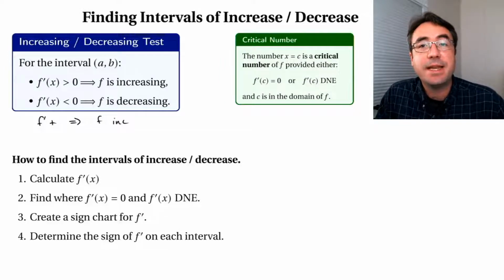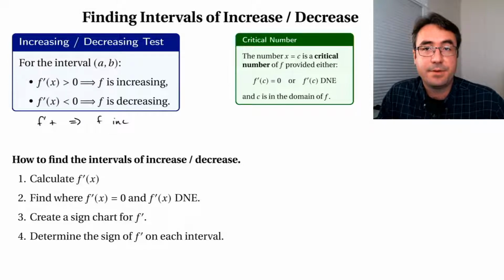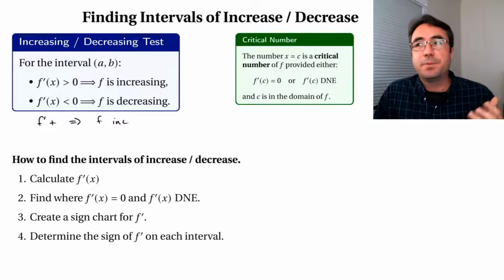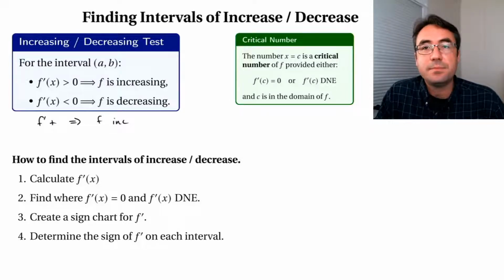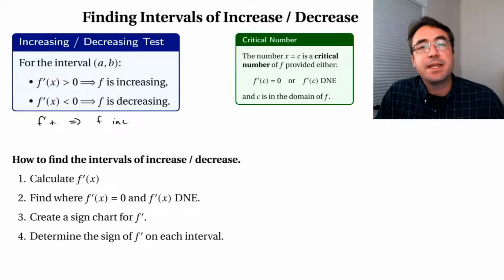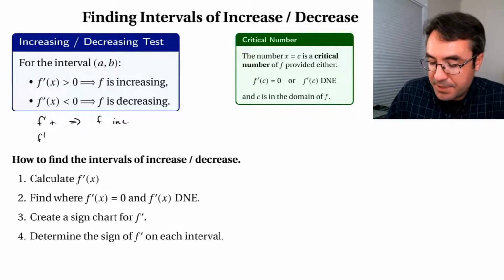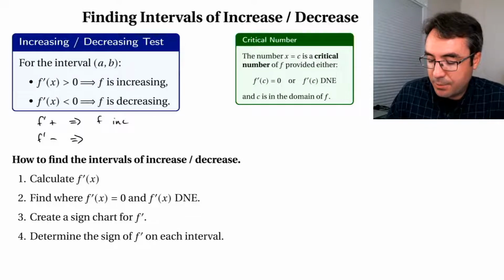And if f prime is negative, if f prime is less than 0, f prime is telling us the slope of the tangent line. So if f prime is negative, the tangent lines are pointing down, so our function is decreasing.